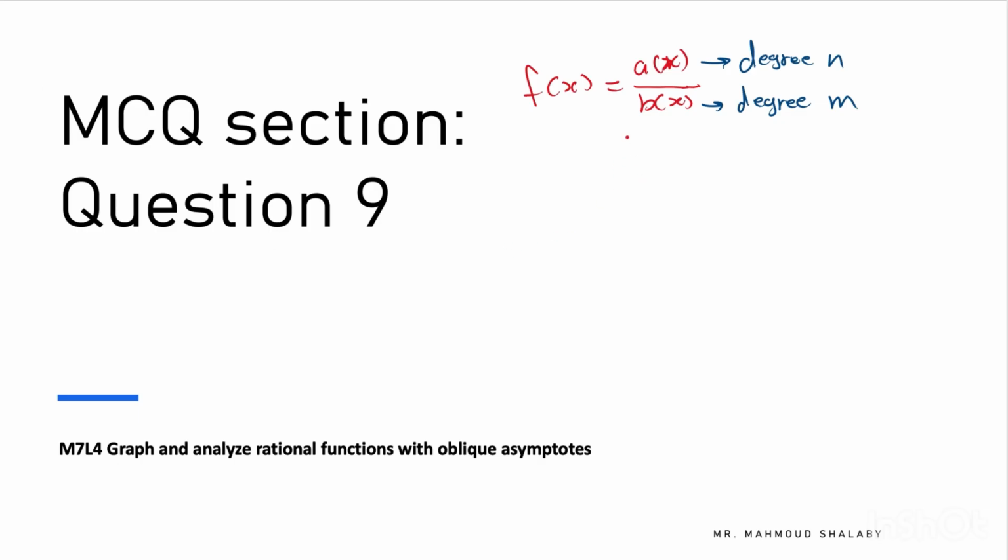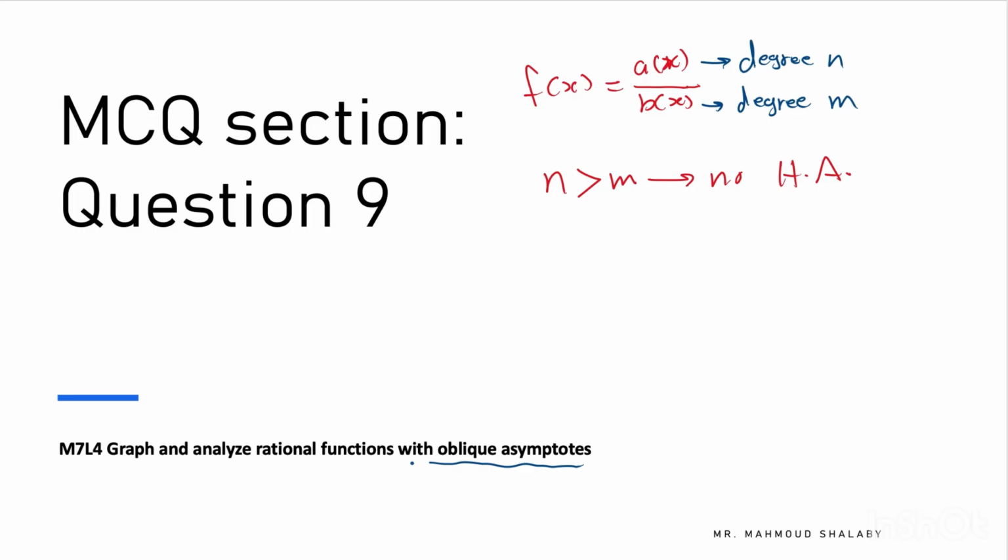So the most important case here is the first one. When n is greater than m, we said we will have no horizontal asymptote. In this case only, because he said here he's talking about the oblique asymptotes.